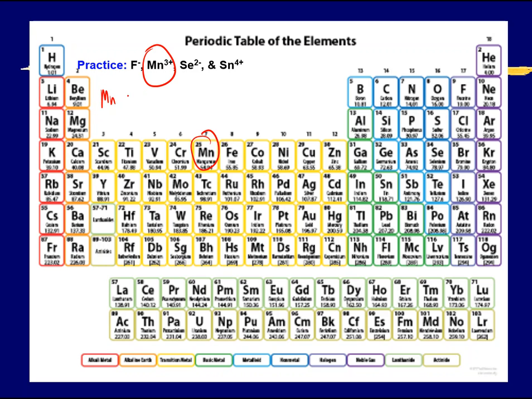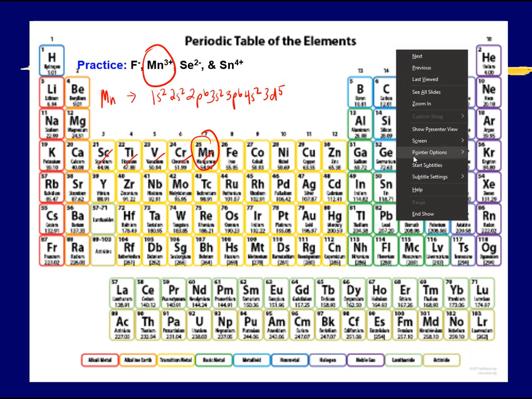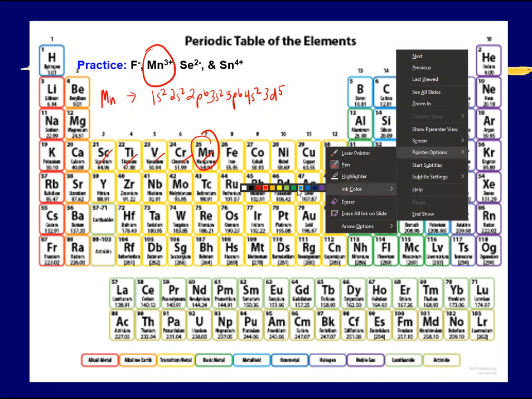Regular manganese, if I write out the configuration as 1s2, 2s2, 2p6, 3s2, 3p6, I'm sure you've already figured out this gets very repetitive, 4s2, and then we have 1, 2, 3, 4, 5, so 3d5. Now the key here is to realize you need to look at the outer, or highest, principal energy level.